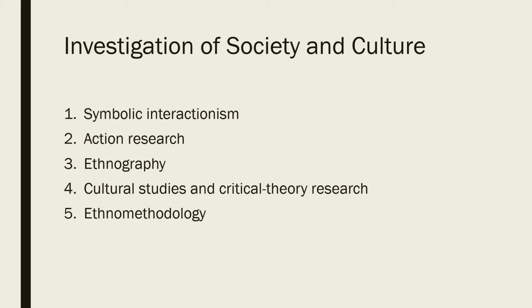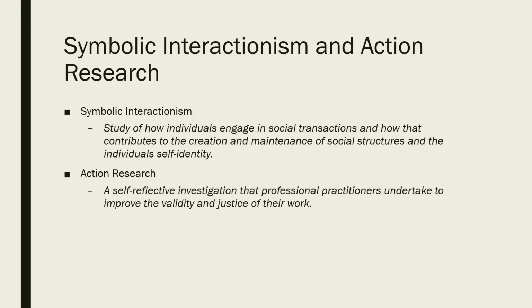In the book, they don't go into a ton of detail about the first two, symbolic interactionism and action research. However, they stated in the book that it will be discussed in later chapters. So I'll just give a little summary for those, and then they go into more detail for the others.